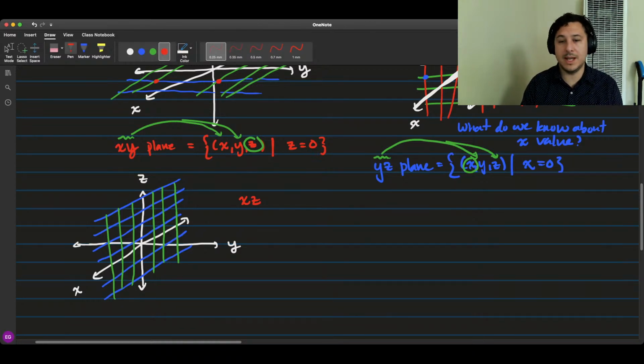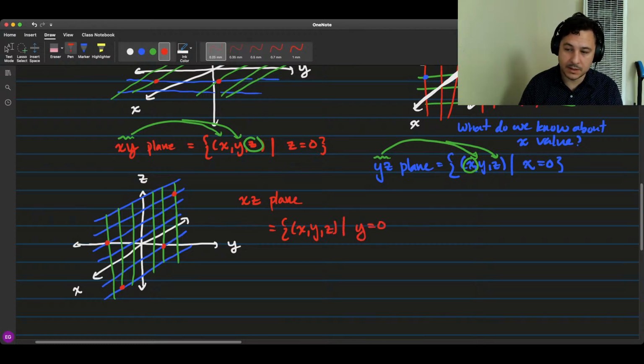So if you start looking at points on here, what do you know about the y value? They are equal to 0. So the xz plane is just a bunch of points with x, y, and z values such that the y equals 0. That's what that means.